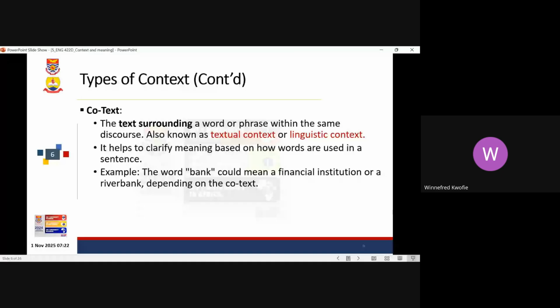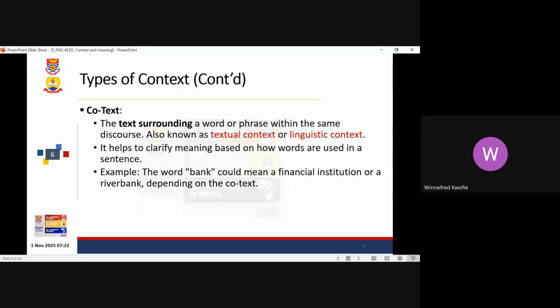So you understand the meaning of a word or a phrase or an utterance by looking at the other words or phrases that occur with the same utterance or the same word. That's what we refer to when we talk about linguistic context, also known as co-text.